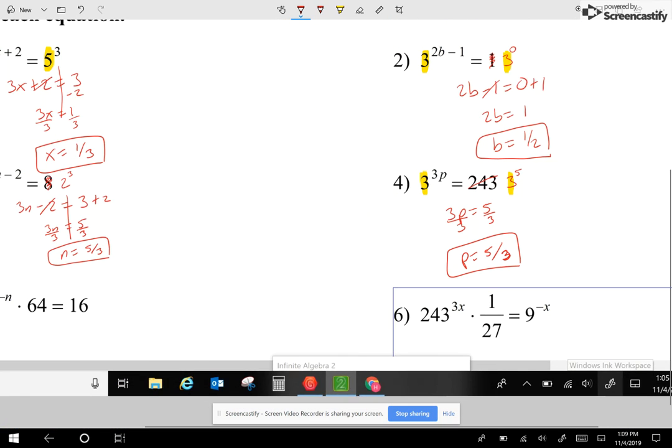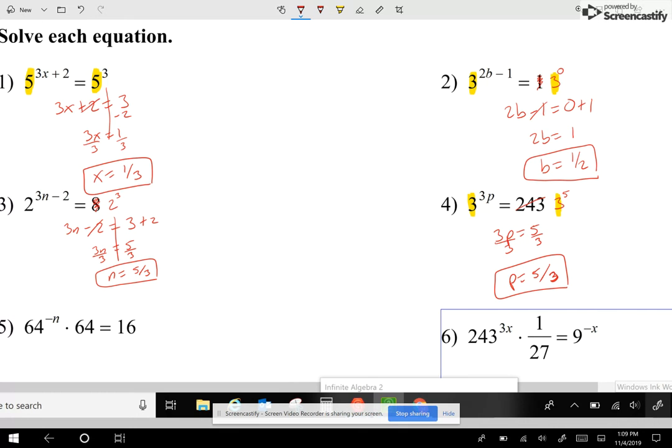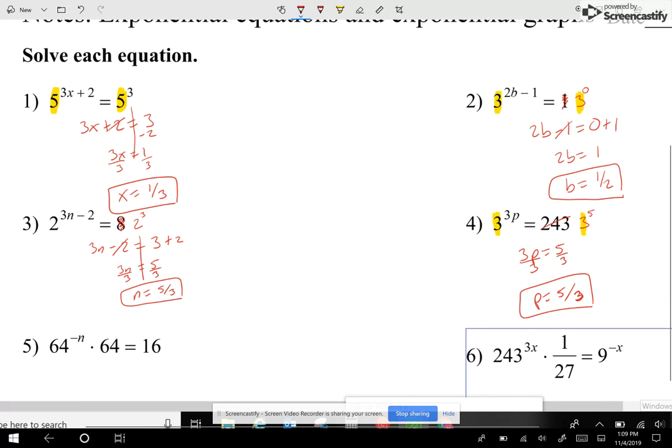That's what we're going to be looking at today. Now, one thing I do want to emphasize, looking at question number 4, we had to write 243 as 3 to the 5. Some cases we're going to use negative exponents. I know right now that 3 to the 5 is equal to 243. But what if I gave you guys 1/243?